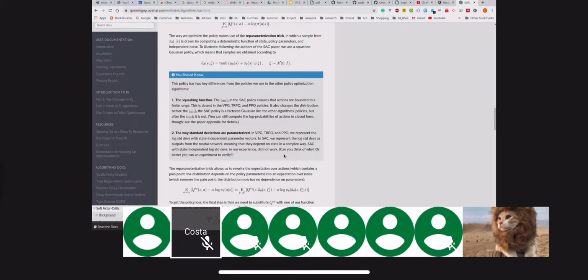For that, first of all, that definitely sounds very plausible, but that would also be the case with A2C continuous as well. You can always optimize it. If you make the standard deviation independent of the states, you essentially have the standard deviation as the neural network parameters themselves, so you can always optimize over them.